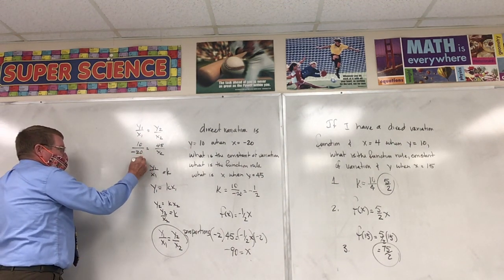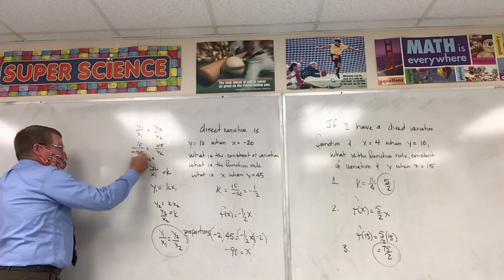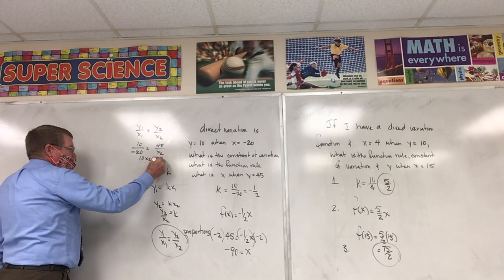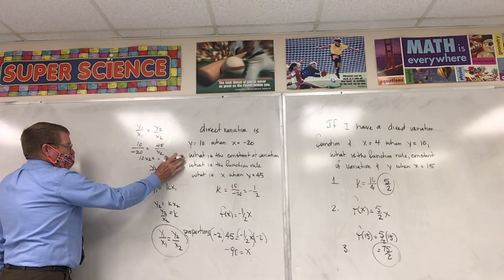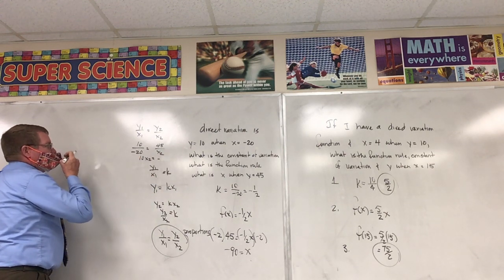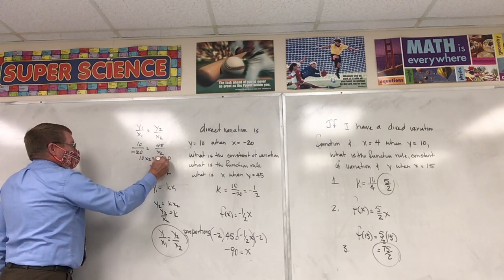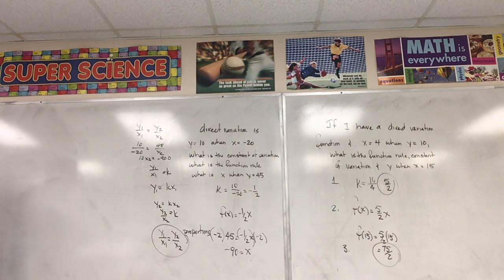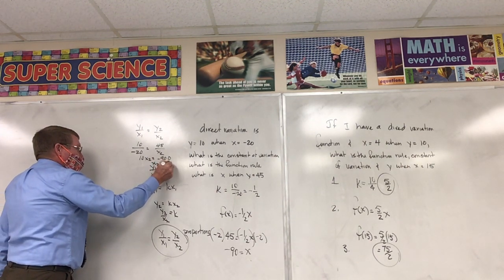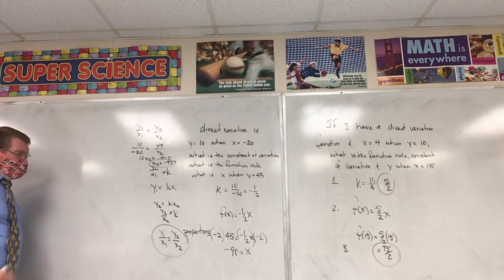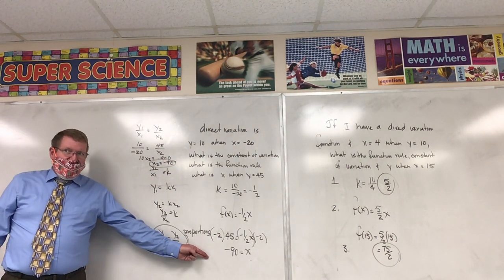Cross multiply. 20 times 45, that's negative 180. I'm sorry, nope, that's not right. That is 900, and divide by 10, I get x2 equals negative 90, as we have here.